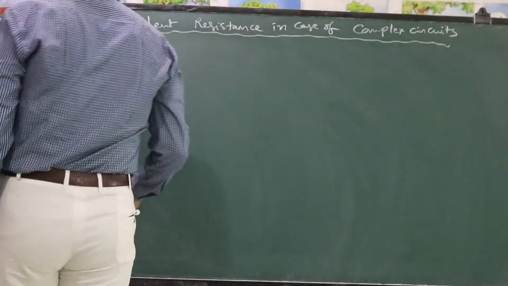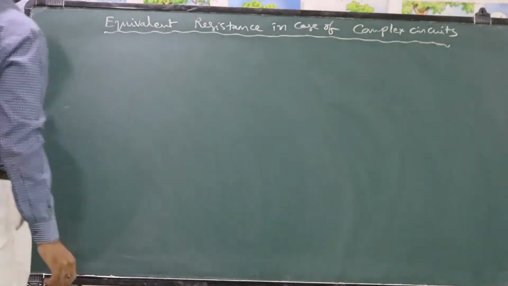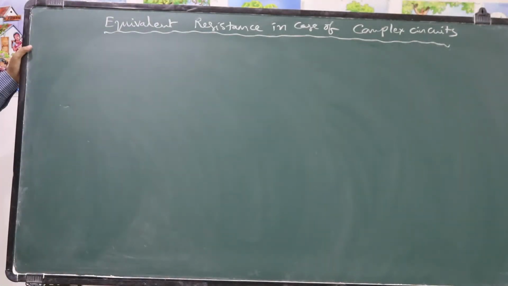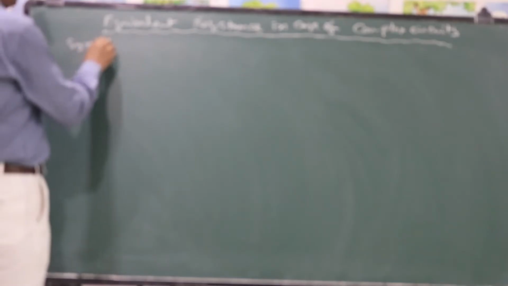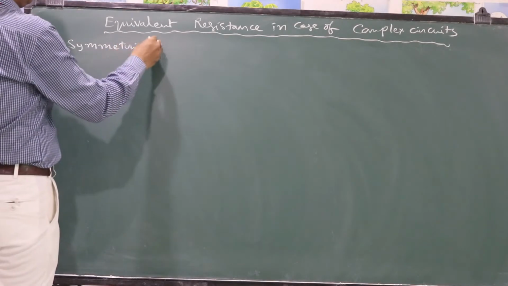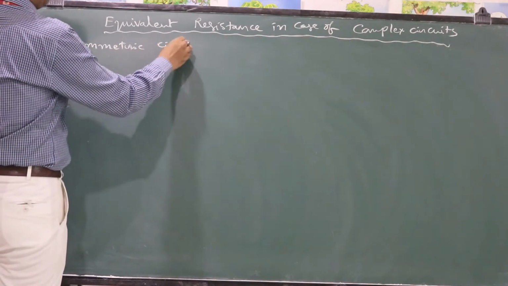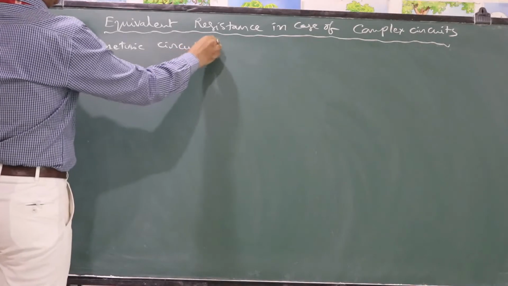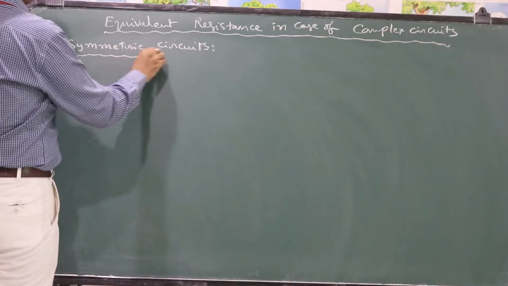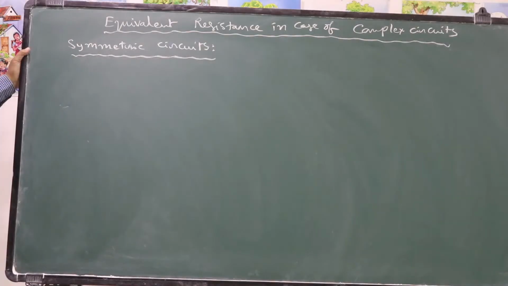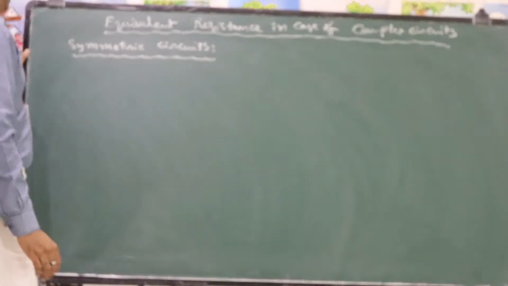In order to find equivalent resistance in complex circuits, let us take the example of symmetric circuits. If there is a symmetry in the given circuit, we should follow the following steps to find the equivalent resistance.